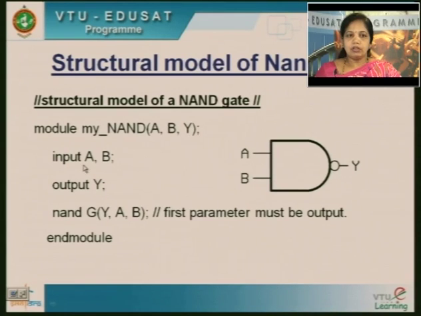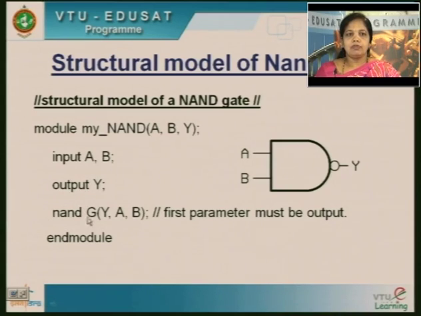Now I am going to define which are the inputs and which is the output, by giving the keyword input A comma B semicolon. Each line has to be terminated by a semicolon, and it is case sensitive. If you are using capital A, the same thing has to be declared here. Output Y. Now the functionality begins.